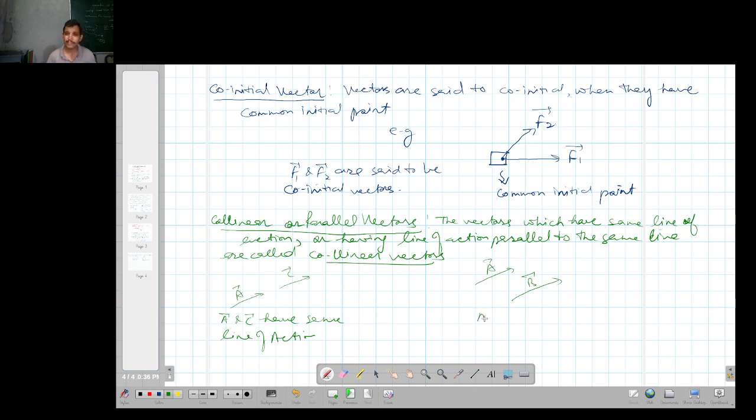So that means A and B have parallel lines of action, then they are said to be parallel vectors, and they are known as collinear vectors. Right, so this is a basic idea about collinear and parallel vectors.